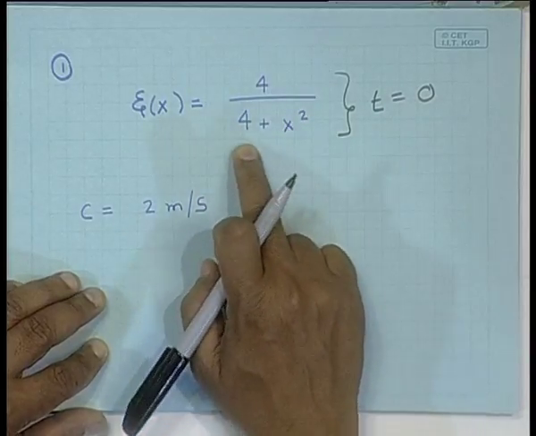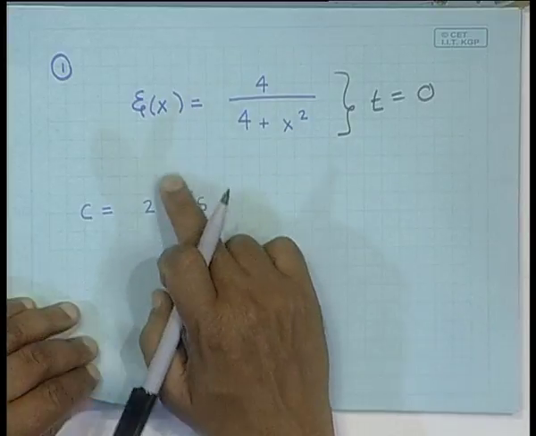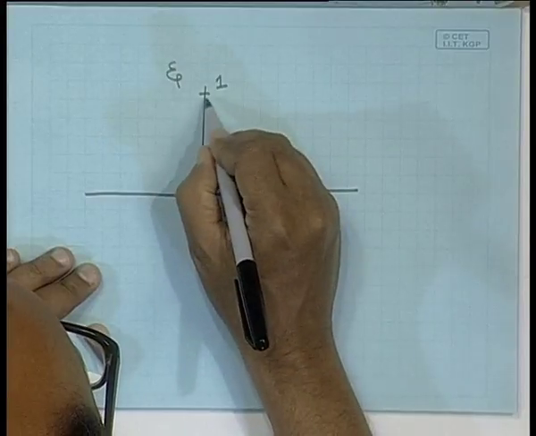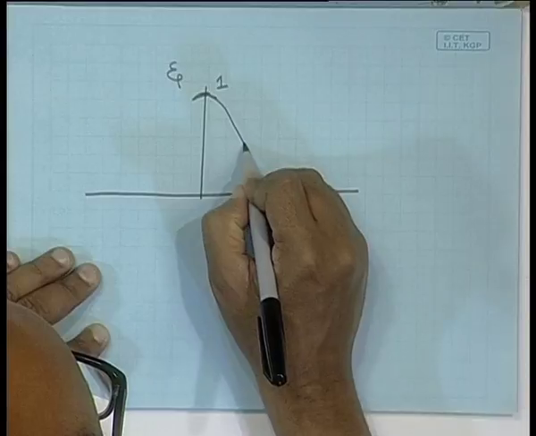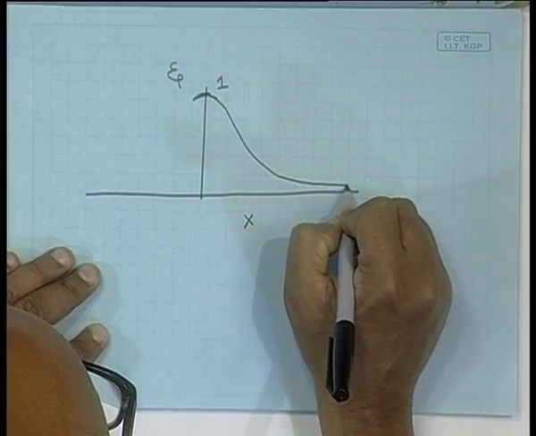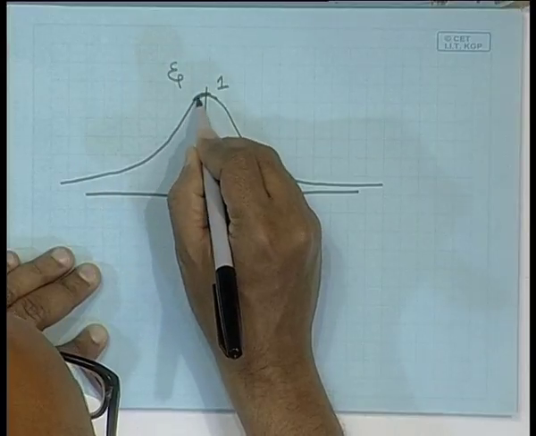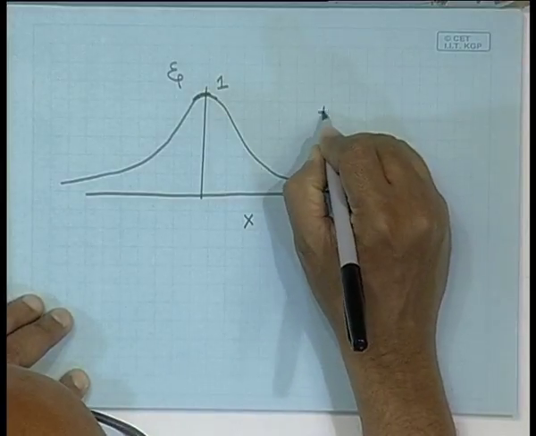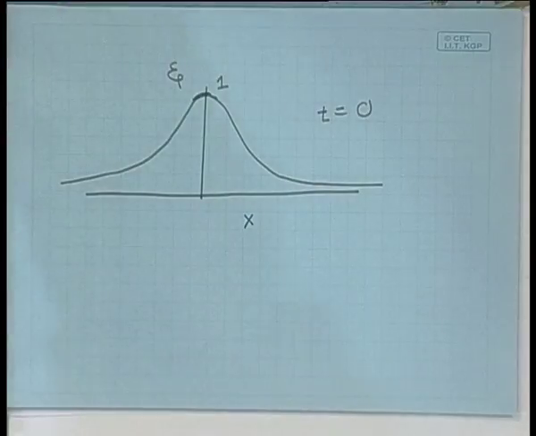So, this function xi has a maximum at x equal to 0, and then the value falls off as you go further and further away. It falls off as 1 by x squared as you go further. So, the graph looks something like this. So, this is xi at t equal to 0. That is the first part of the problem.